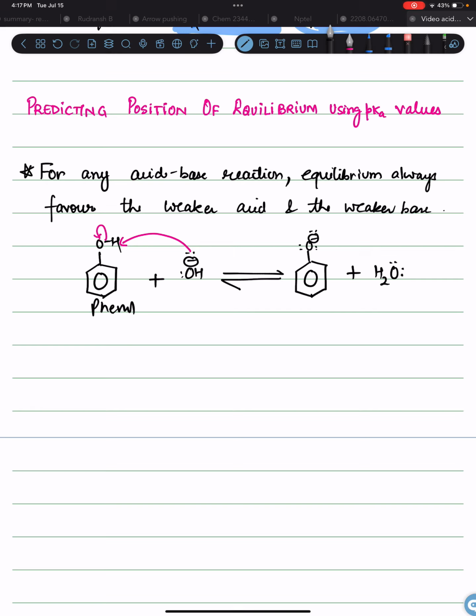Now to predict whether the reaction would be favoring products or reactants, we need the pKa values. The pKa value for phenol is 9.9, while the pKa value for water is 14.